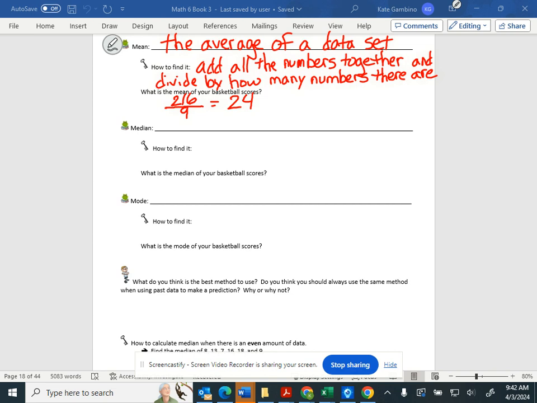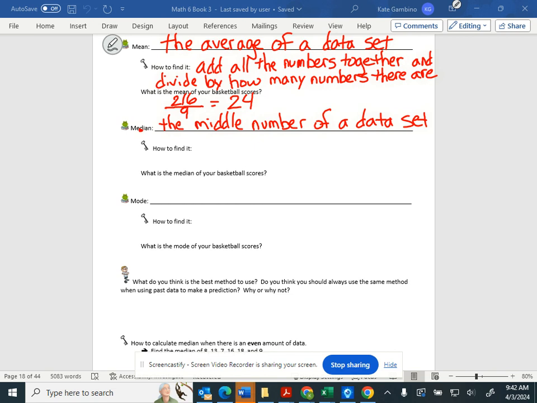Who can tell me what the definition for the median is? Layla? The middle number of a data set. Median, middle. They kind of sound alike. They've got that D in the middle, median, middle.